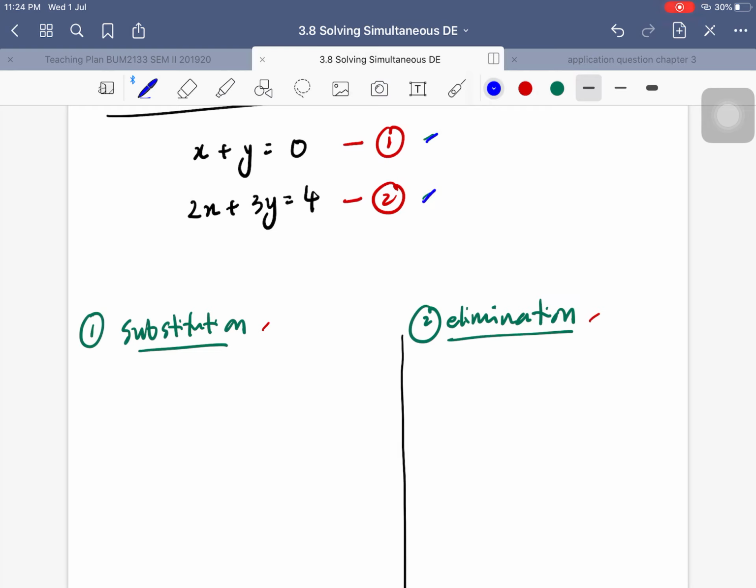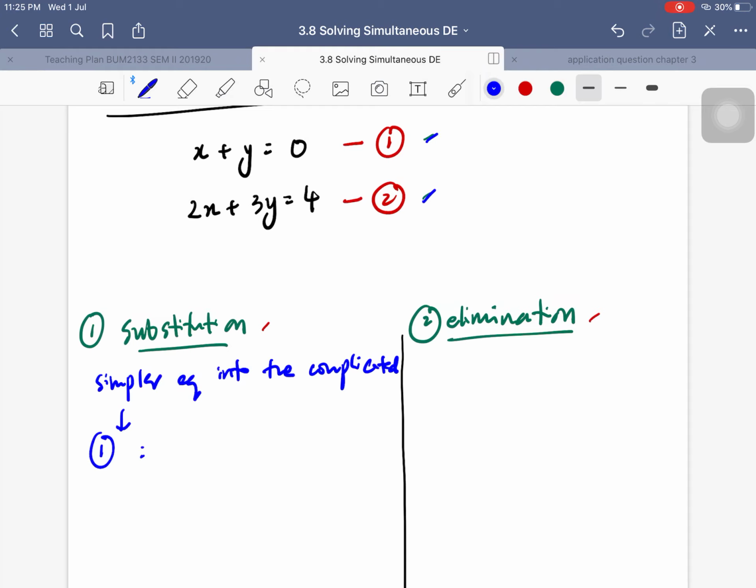Now we have two equations. Usually what we'll do is that we're going to modify the simpler equation and substitute that into the more complicated one. For this case, I'm going to take the simple equation as being equation number 1.